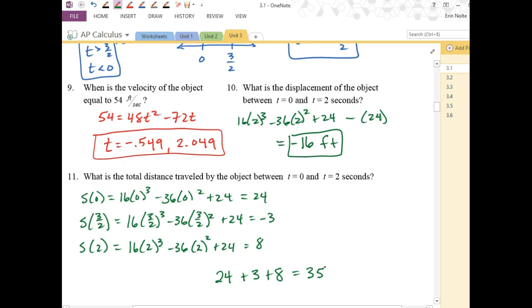What do we want to measure that in? Feet. Why did you use the positive? Because you're going the total distance. The negative 3 is really describing the direction that it's moving, but I want how far I went. So I'm going to use the positive amounts of it.